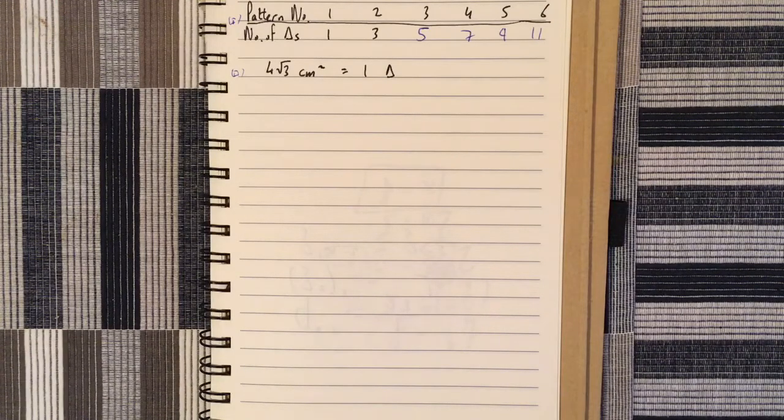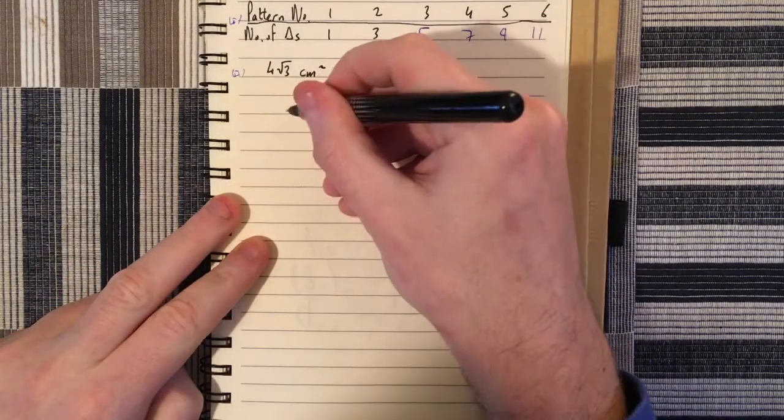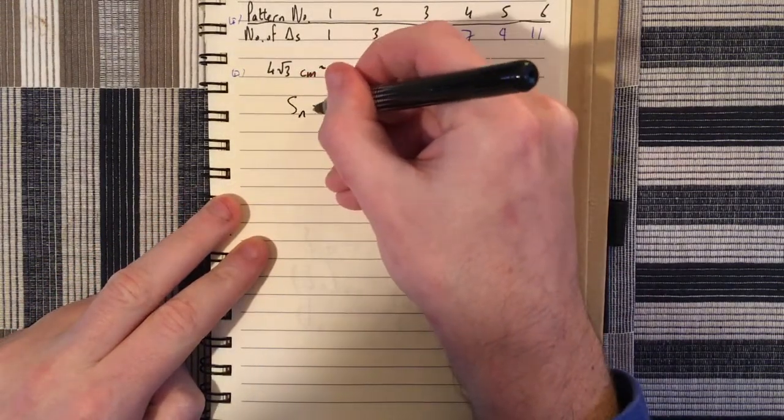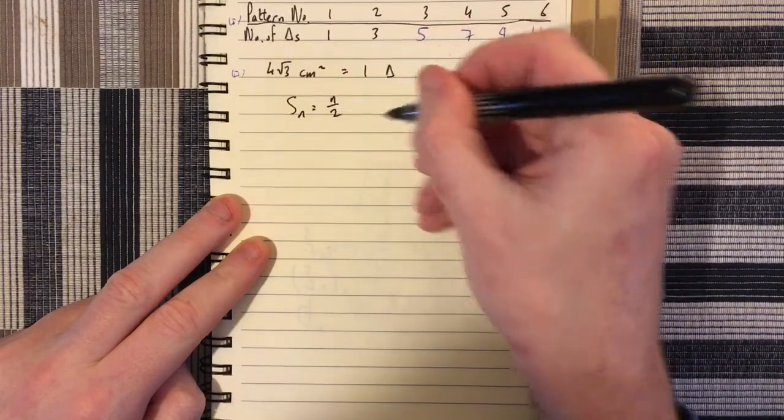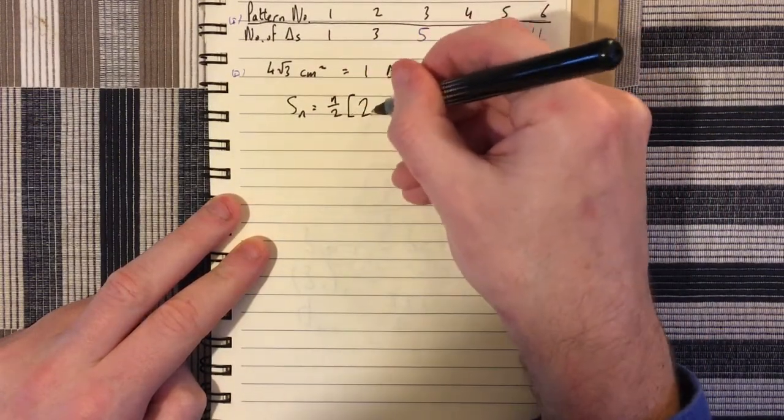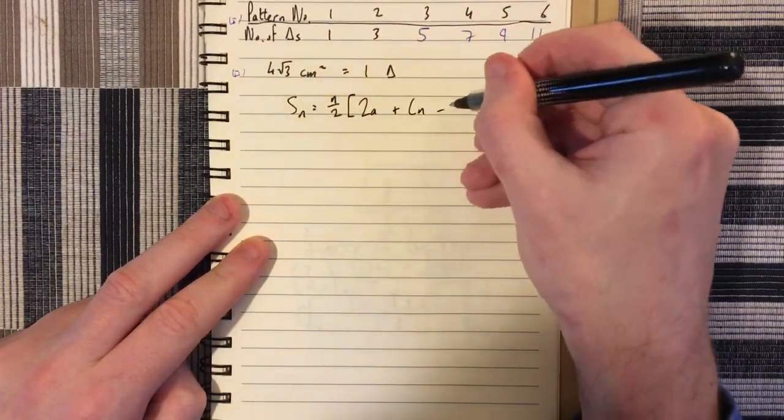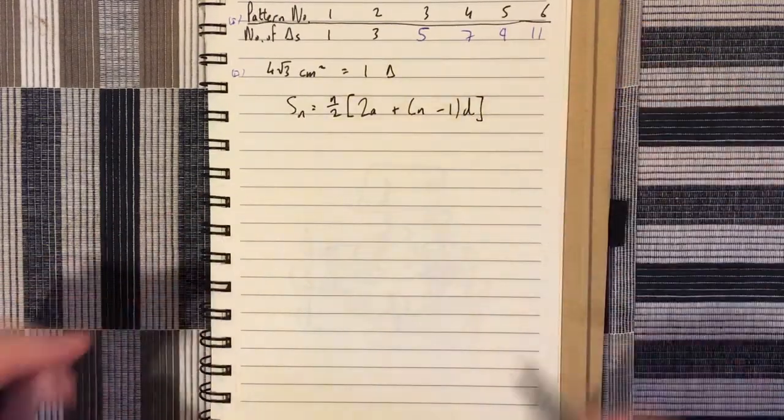So what I'm going to do is add up how many triangles there are in the first 15 stages of this. Okay, and that's what my SN formula is for. So I've got the SN formula in the log tables, and that is n over 2 on 2a plus n minus 1 d.